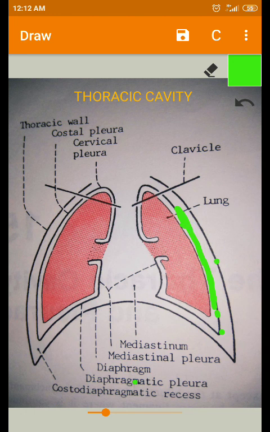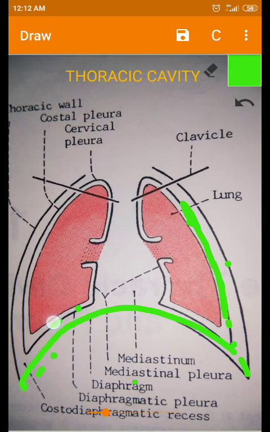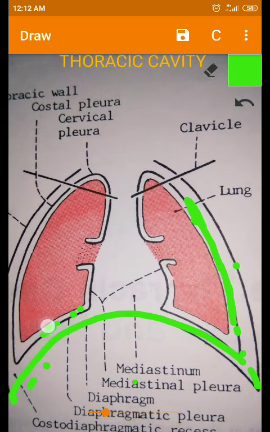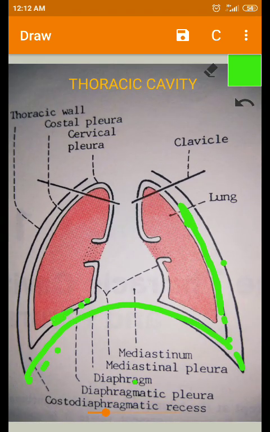Another is the diaphragmatic pleura, which is present on the inferior side. This is the diaphragm. This part is called the diaphragmatic pleura, and this one is the costal pleura. The pleura which is related to the mediastinum is called the mediastinal pleura.